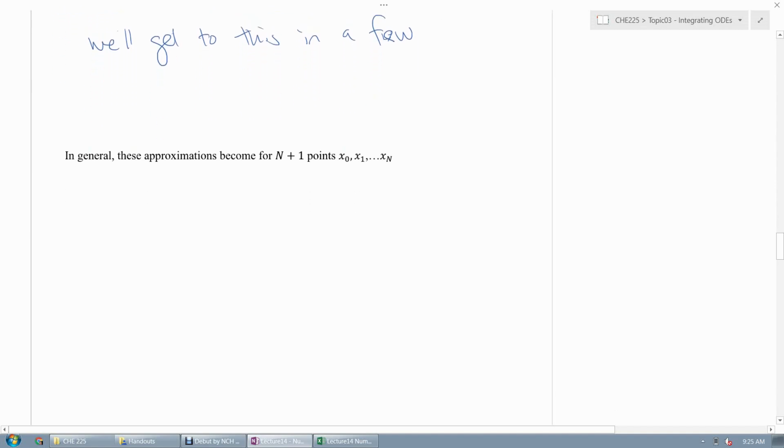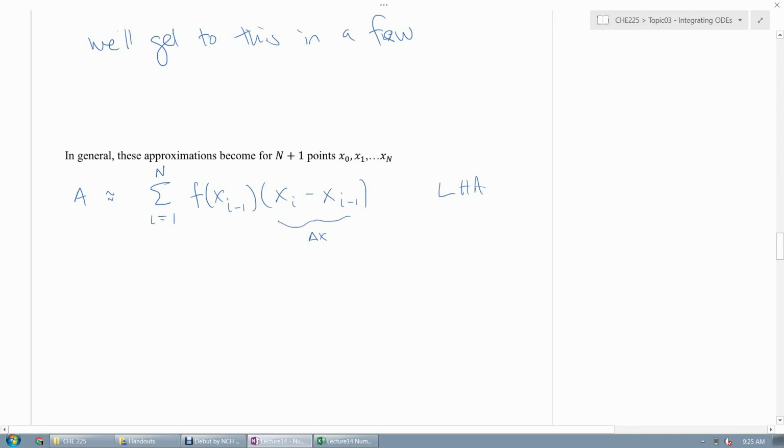Okay, so in general, what we can do is we can make a general formula for these approximations for n plus 1 points instead of just 3 points that I showed you before. The integral, or the area, is approximately equal to, for the left-hand approximation, the sum i equals 1 to n of f of x_(i minus 1) times the interval x_i minus x_(i minus 1).